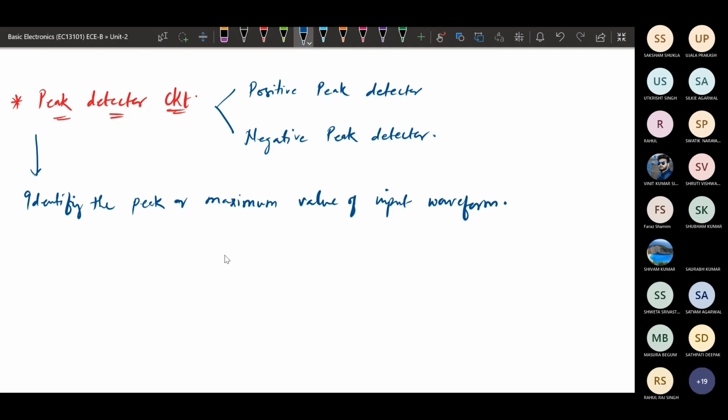As the name suggests, a positive peak detector detects the positive peak of the input waveform, the maximum value in the positive direction. In the negative case, it is the peak in the negative direction of the input waveform that will be detected.